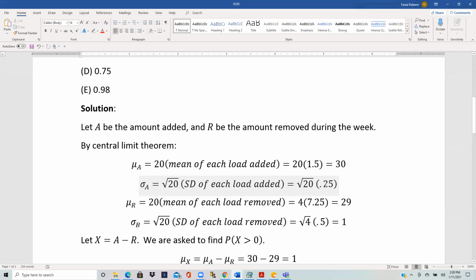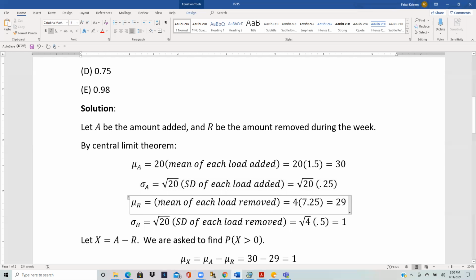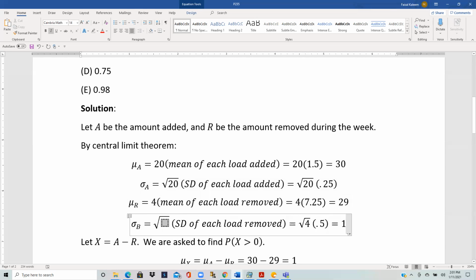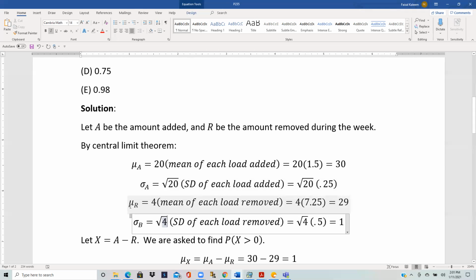Similarly, for the removed, not 20, but 4. There were 4 loads that were removed. The mean of the total removed will be the mean of each load removed times the number of loads removed, so 4 times 7.25, because 7.25 was the mean of the loads that were removed.